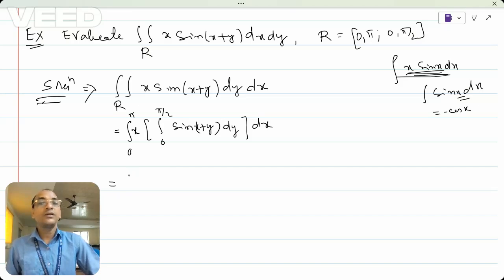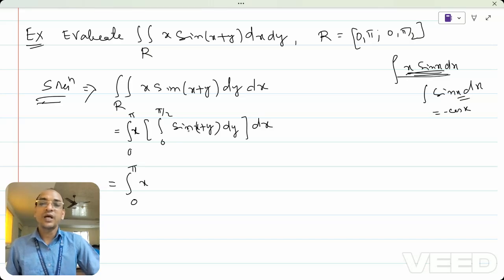It is not that you will not get it, but you have to be clever to do it easily. So now I am putting x outside. Now I will integrate sine(x plus y) with respect to y, which will be minus cos(x plus y). And what are the limits? The limits are 0 to pi by 2.